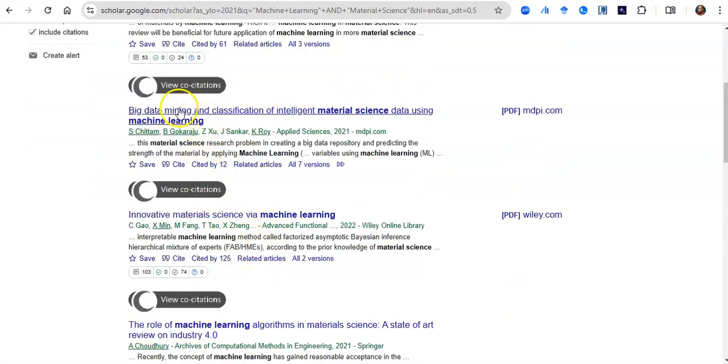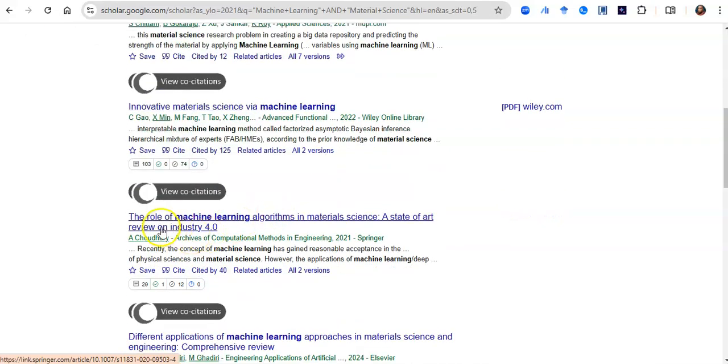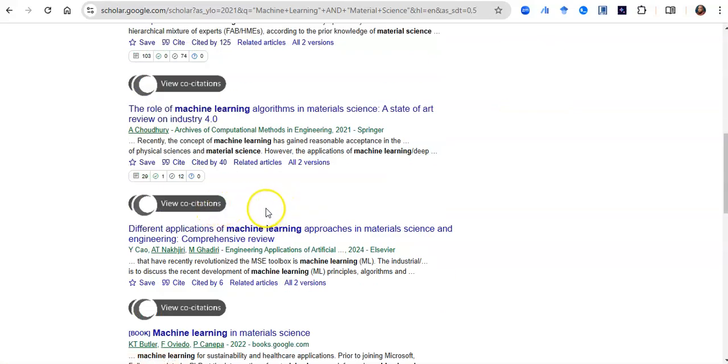Okay, machine learning is also applied in material science for deciding intelligent materials. Okay, innovative materials via machine learning. The role of machine learning algorithm in material science is state-of-the-art review of industry 4.0. Okay, different applications of machine learning approaches in material sciences and a comprehensive review.